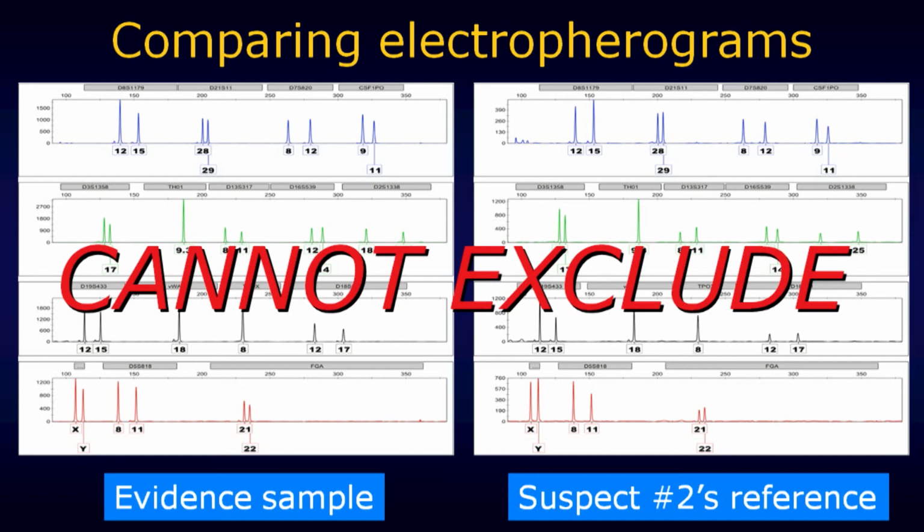All right, so there's an interesting philosophical aspect to what's just transpired here. Notice for both of those comparisons, the first thing that we were trying to do is see if the individual that we were comparing to an evidence sample could be excluded. That's the first objective.